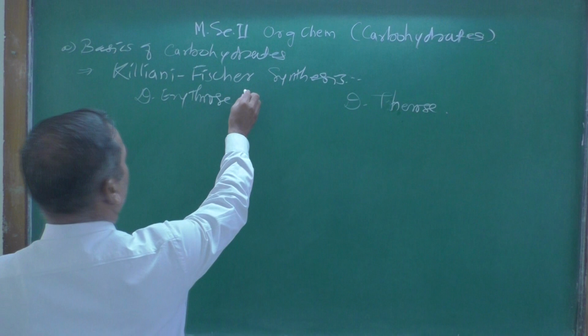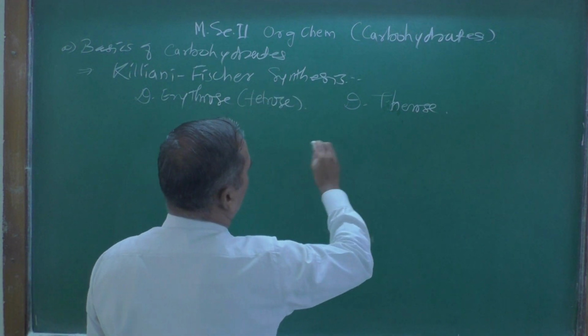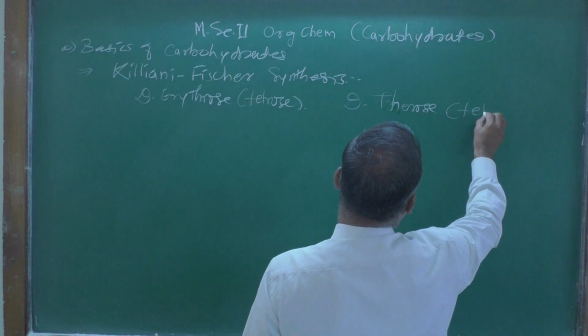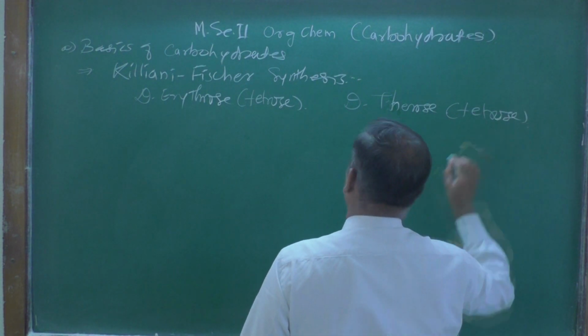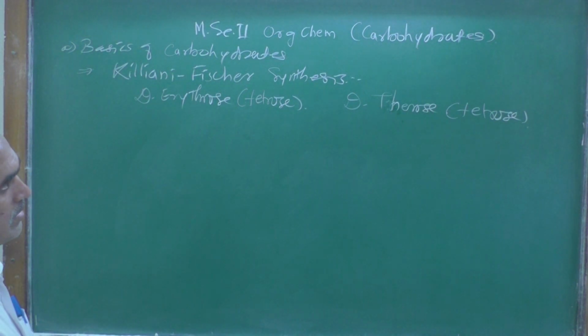These are the tetroses. Tetrose means 4 carbon atoms are there. Starting with the D series we get these over here.